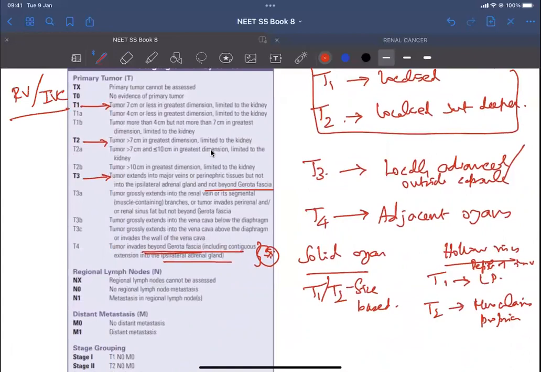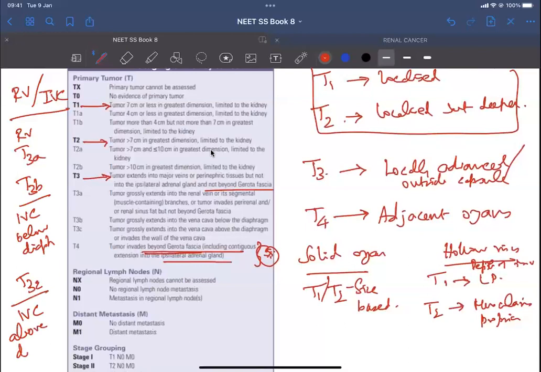So renal vein invasion is T3a. T3b will be IVC, but below the diaphragm. T3c will be IVC, but above the diaphragm. The last one is invasion.